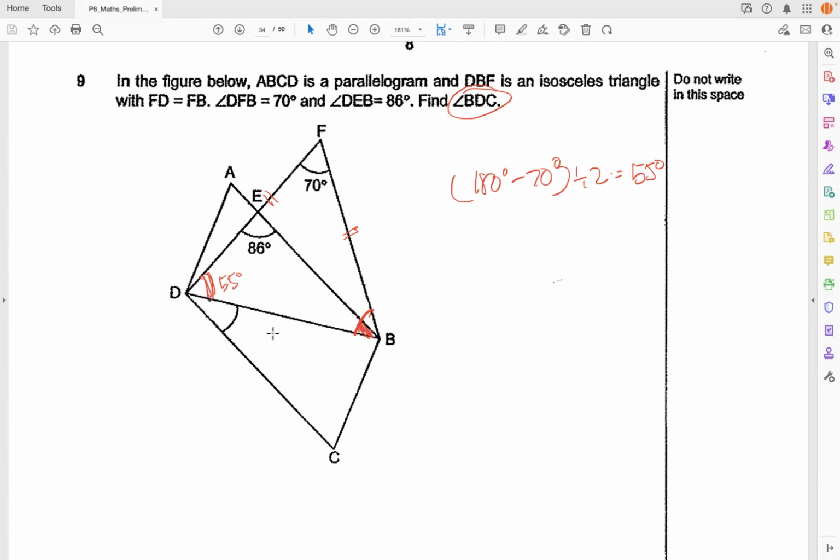So focus on this triangle. Angles in a triangle add up to 180 degrees. So 180 degrees minus 86 minus 55, you get this angle. You get 39 degrees.